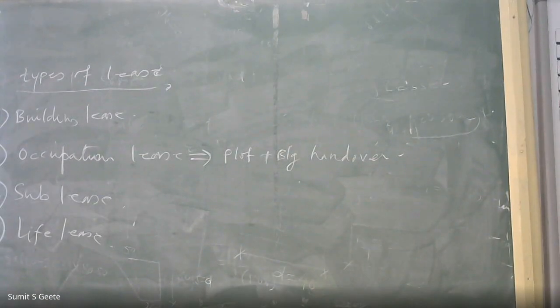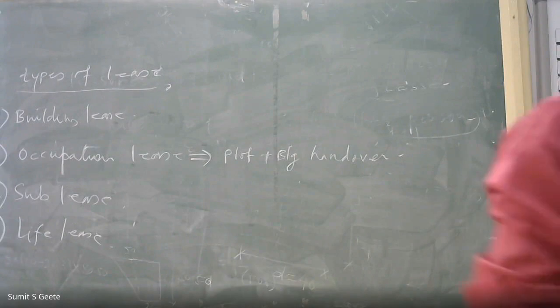Means the owner is an absolute owner of that property. Clear? Now the owner has rights to utilize that property in any way, only for legal purposes.